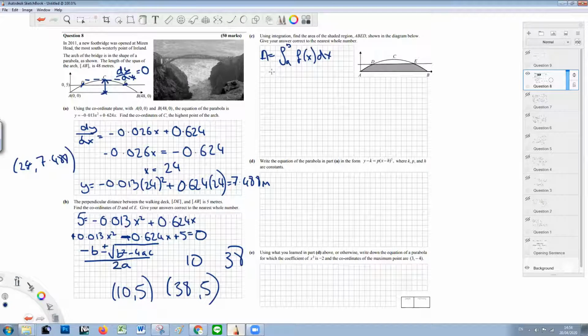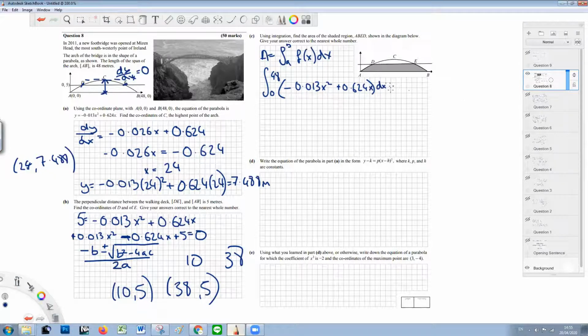So it's going to be the integral from 0 to 48 of minus 0.013x squared plus 0.624x dx.